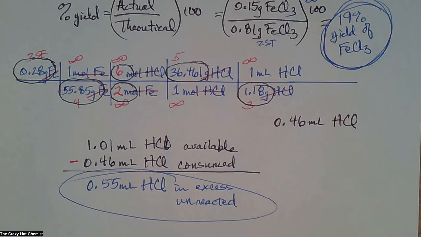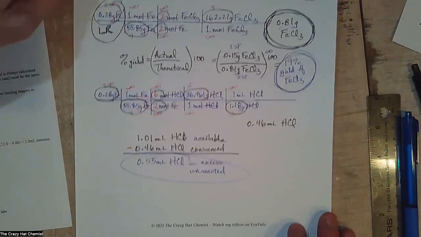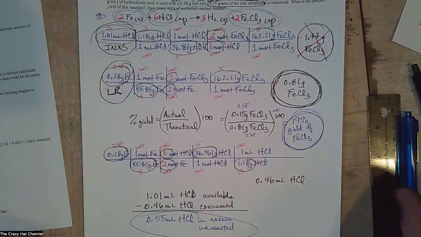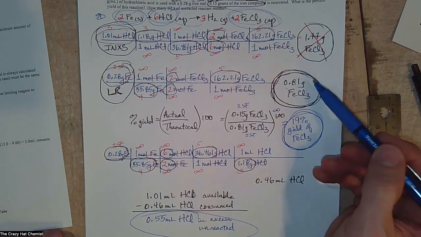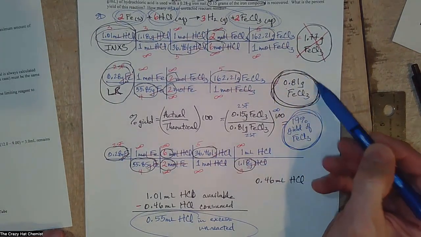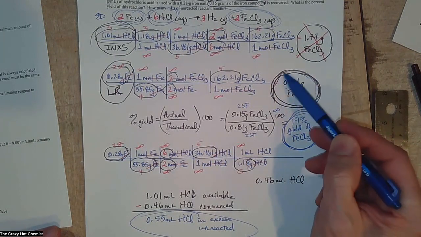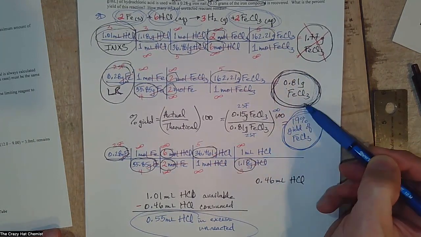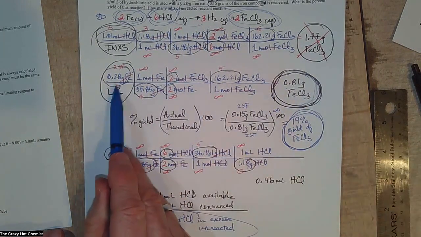So we've got 5 answers on this. I'm going to zoom on out of here so you can see all of this, because there's a lot of work on this. We have our answer of how much of the ferric chloride compound is produced, 0.81 grams. What's the limiting reagent?